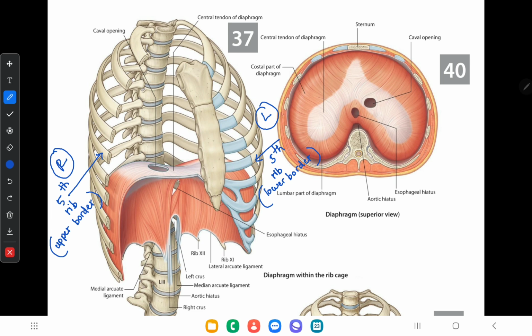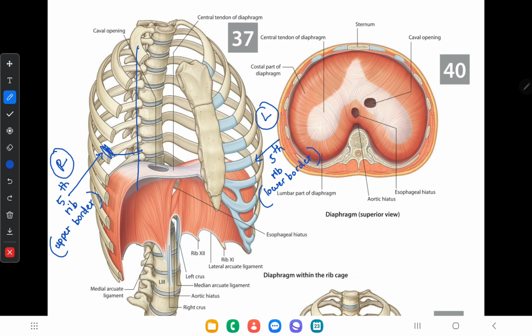When we talk about the surface markings, anteriorly the right dome reaches a point as far as the upper border of the fifth rib in the mid-clavicular line, like this.